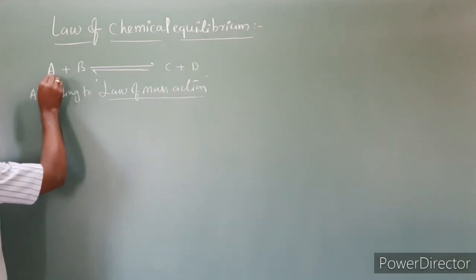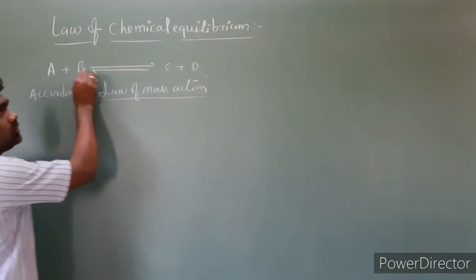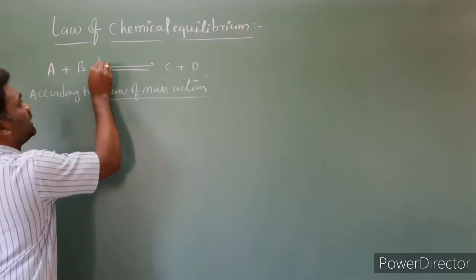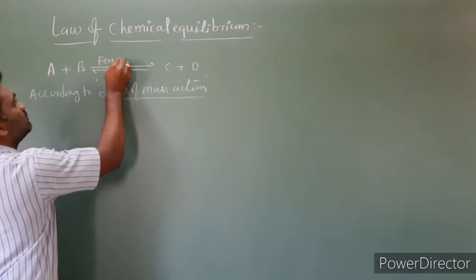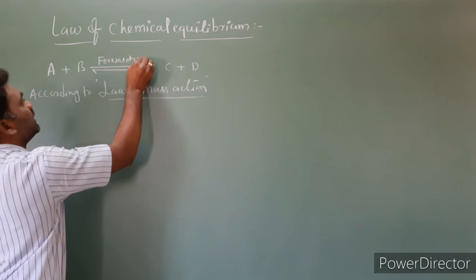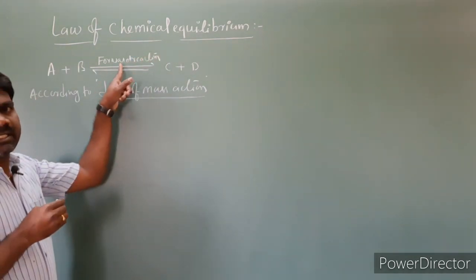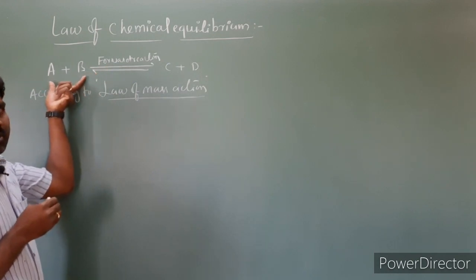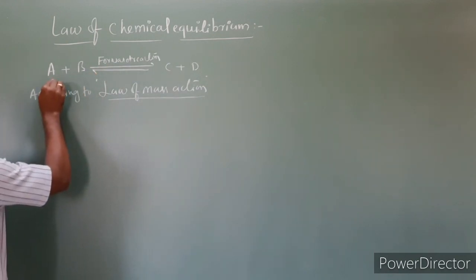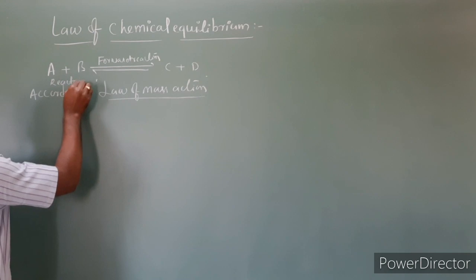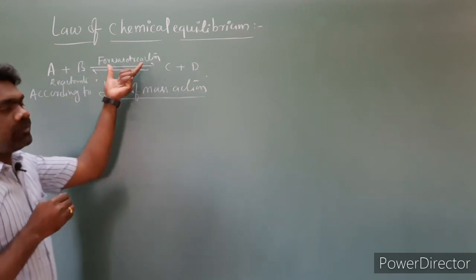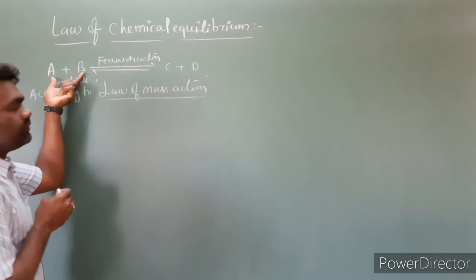So here A plus B react with each other to form C plus D. It is a forward reaction. So the rate of forward reaction is directly proportional to the concentrations of reactants. These are reactants.